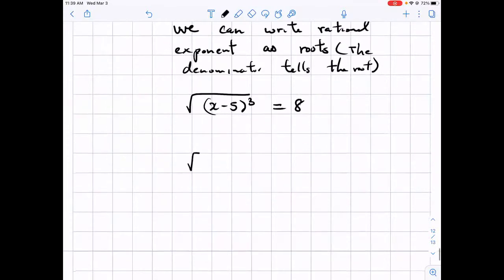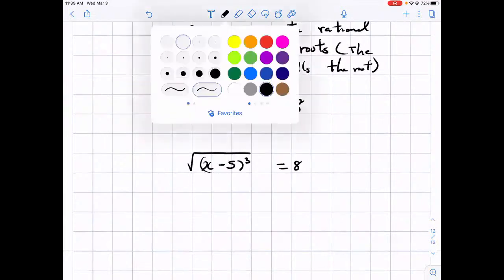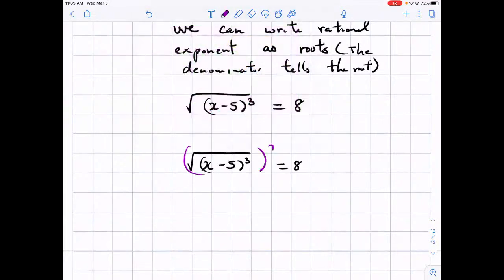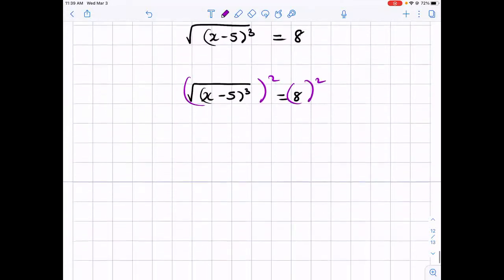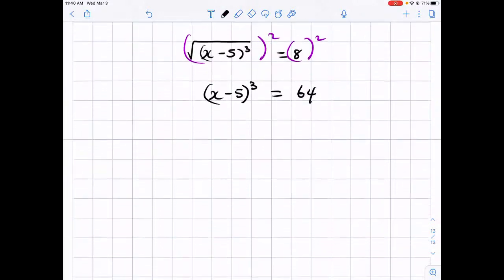So you can see that if I square both sides, that square root will go away. So now we have left x minus 5 cubed is equal to 8 squared, which is 64. And now to get rid of the cube, what we can do is take the cube root of both sides.